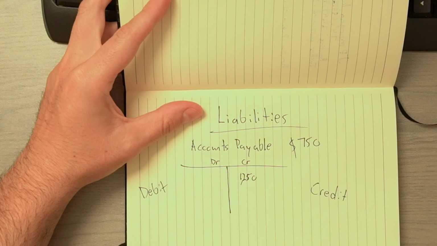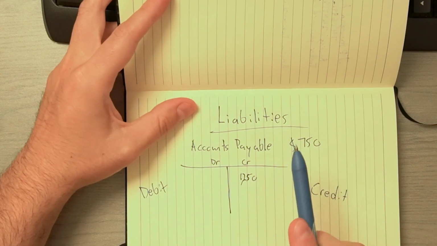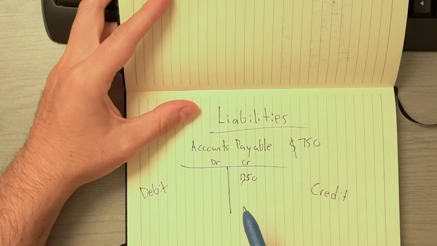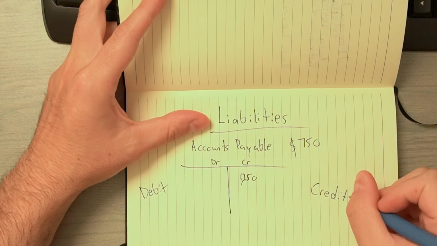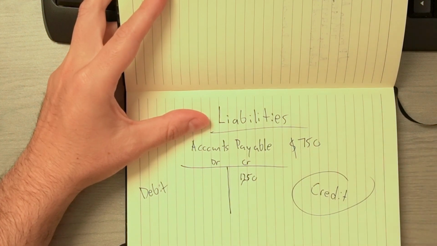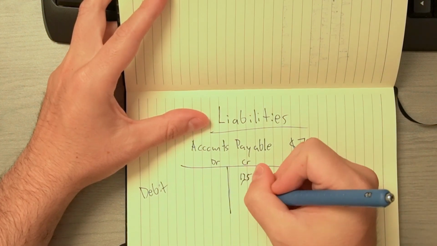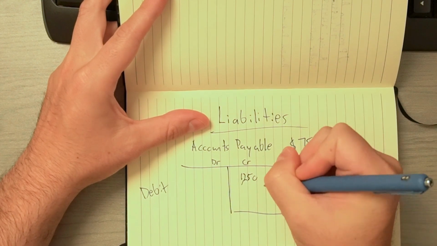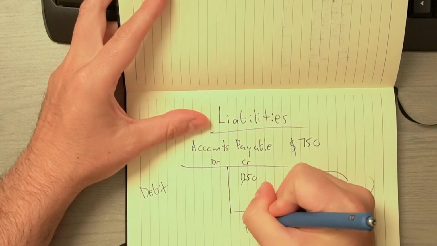Hopefully it's pretty obvious to you because the normal balance is sitting as a credit. This here is called a T account, and we're going to get into it in a later video. But in this one, if you picked credit, then you're spot on, and that'll bring the balance up to $2,000.